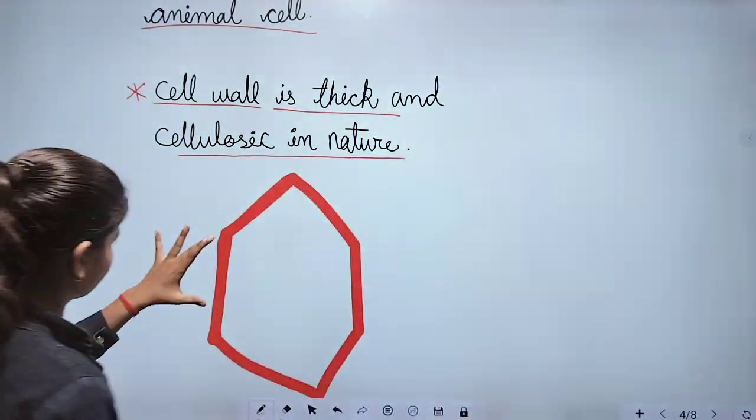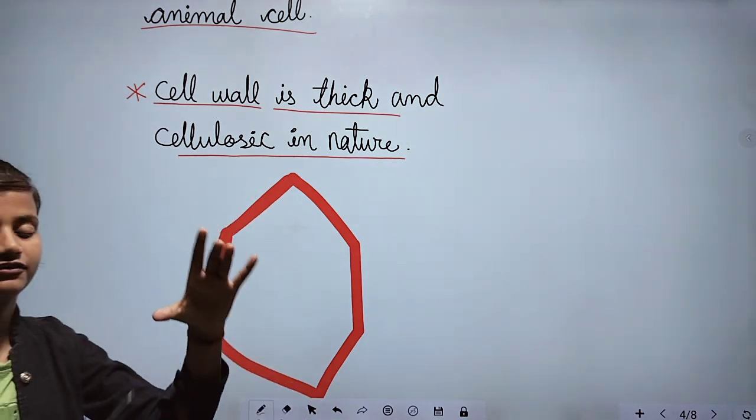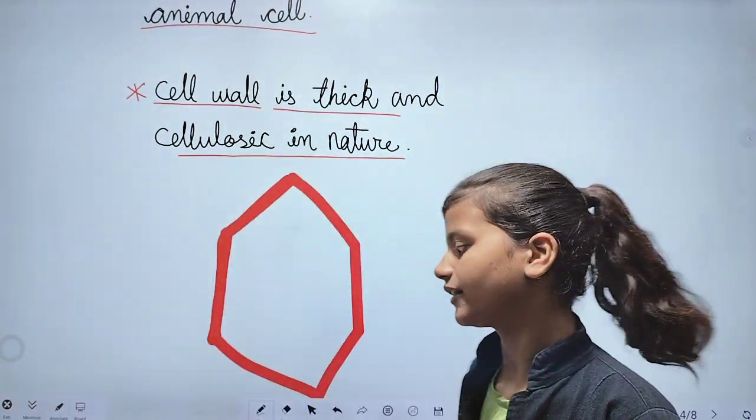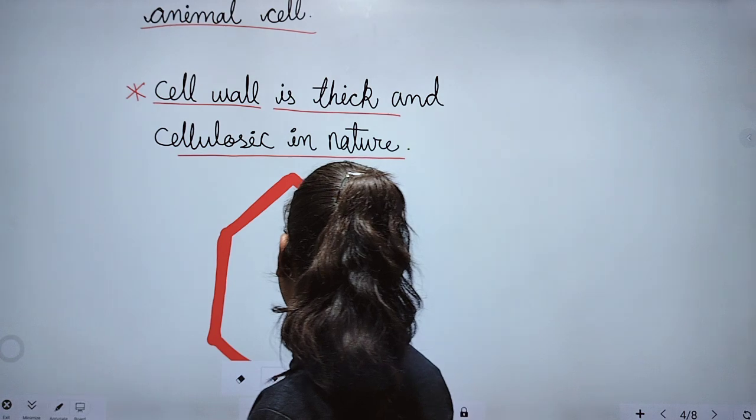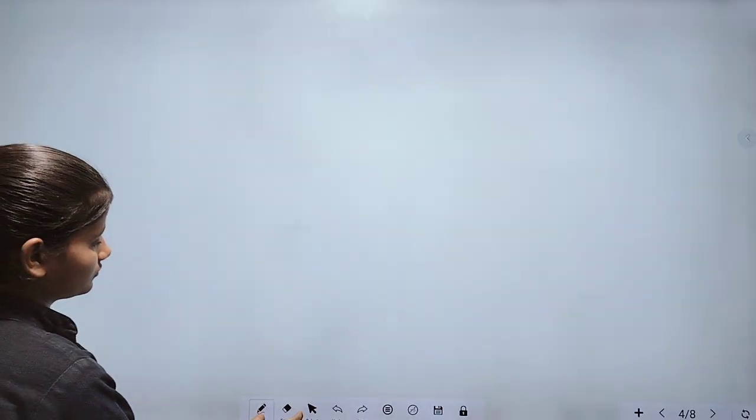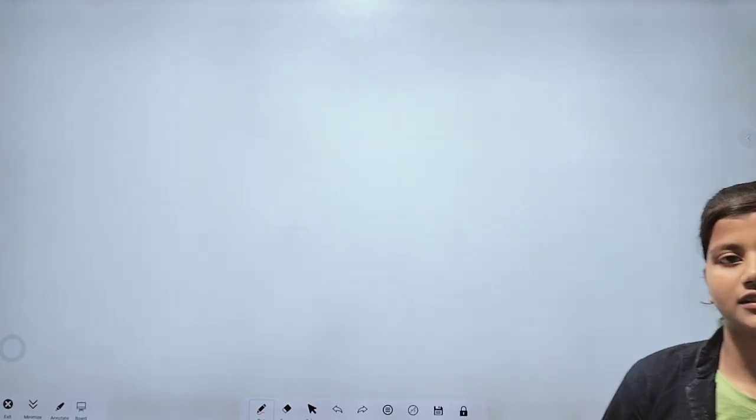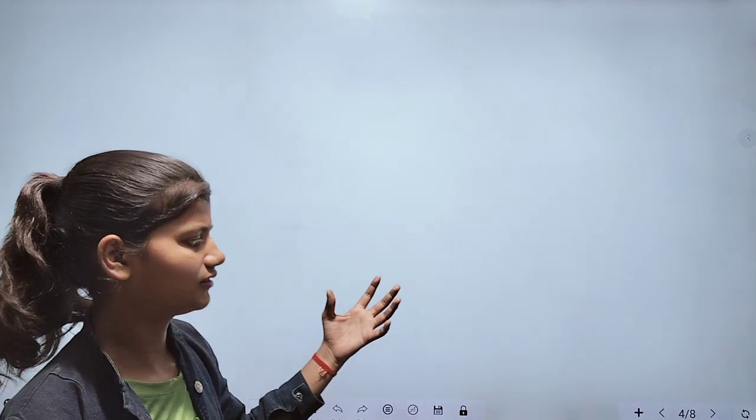That's why it looks very thick, very hard and tough. It also protects the cell from many types of infection and disease. It is the protective layer of the plant cell.